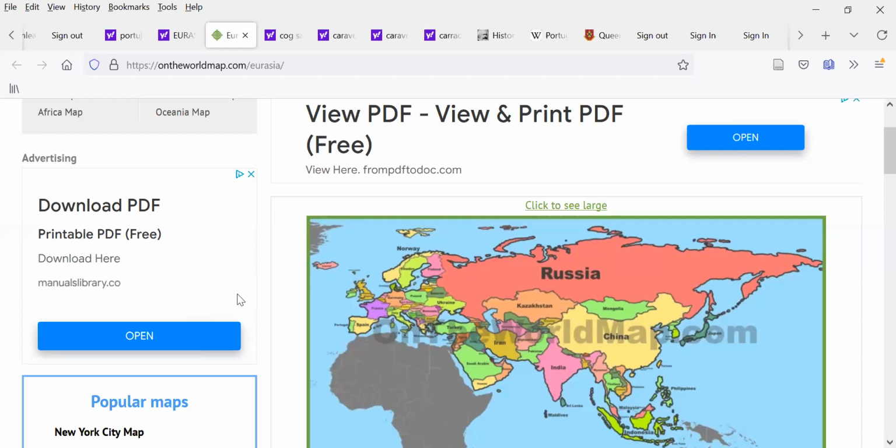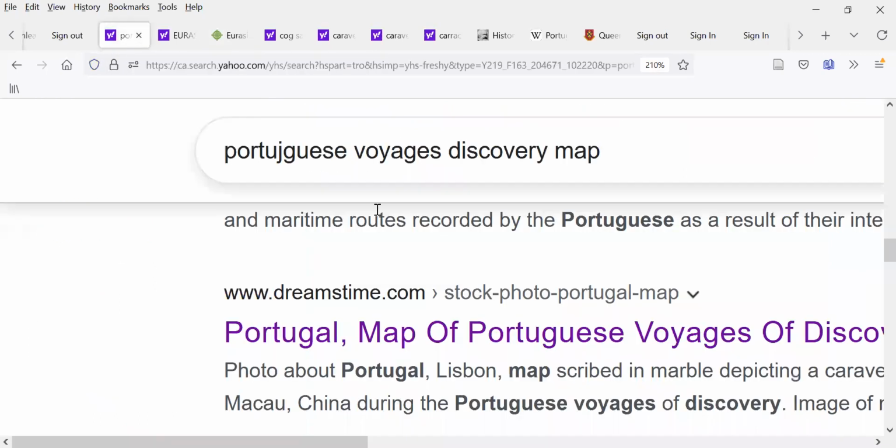Now, I want in particular now to look at Western Europe in 1500.